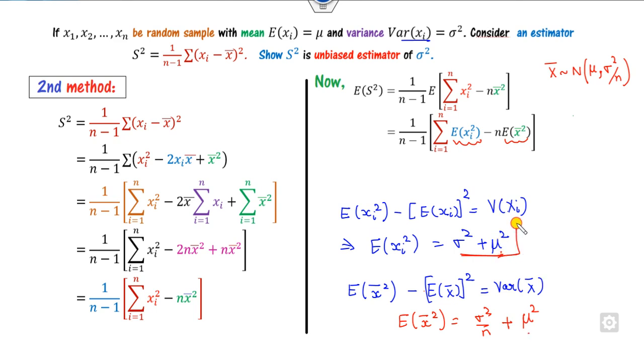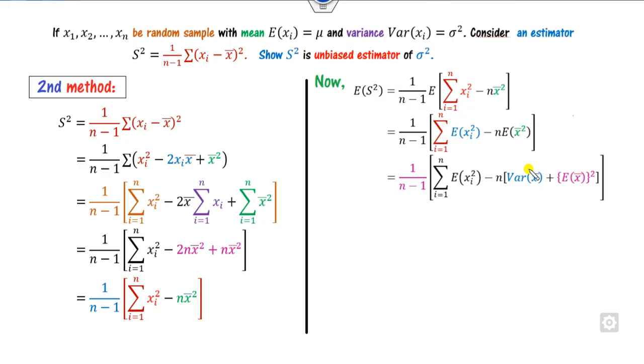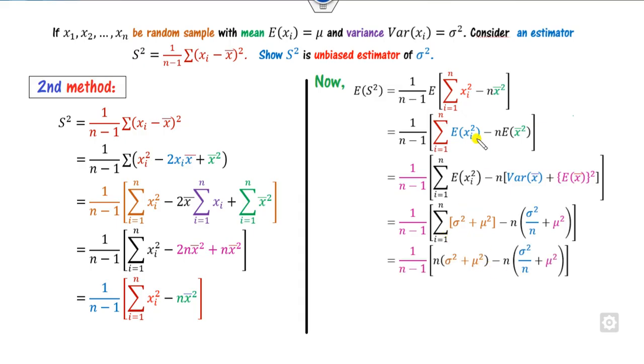I can substitute this value here and this value here in this expression. Now how can you open this? Since this is a constant with respect to i, I can open this, which gives this. Now you can open this value. You can see this is the n of mu square, and this is the n of mu square, so they cancel out. So what is the remaining?